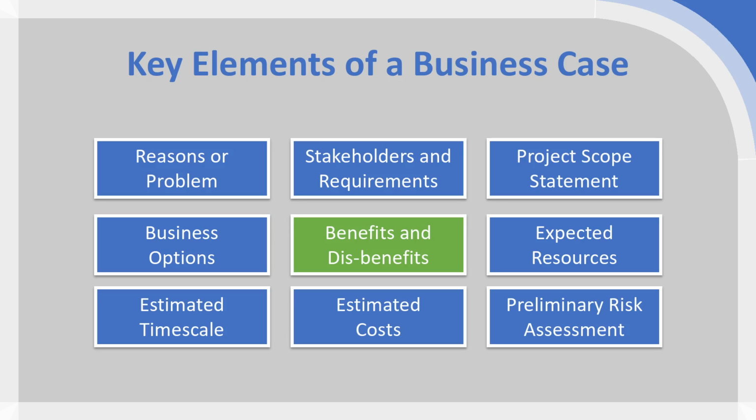The same thing would apply to disbenefits. So we have to be careful because sometimes the instinct is to look at risks. So what if this project doesn't go well, what's going to happen? That's your risk. Those are not your disbenefits. Your disbenefits are the negative outcomes of a successful project.